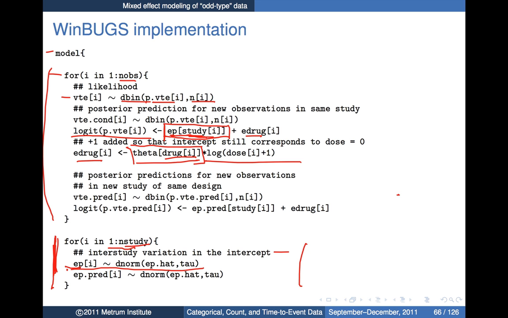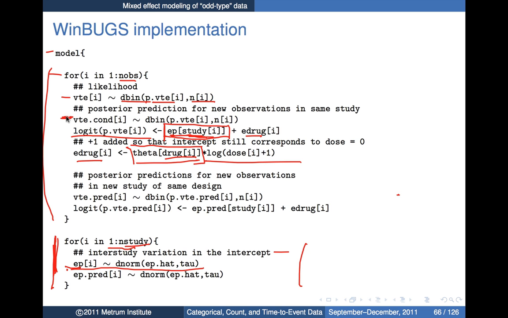There are, again, predictions very analogous to those in the Bayesian framework. The ones that are essentially equivalent to the individual predictions is what we get with this line right here, where I called it VTE.COND. The COND is supposed to indicate that we're talking about a prediction conditional on the individual specific values of the model parameters.